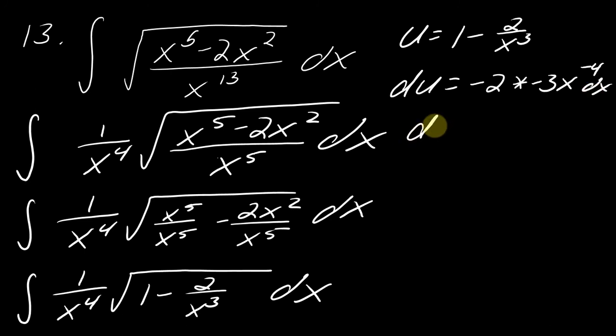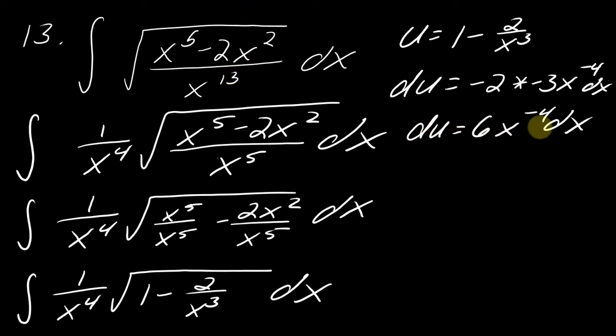So this would simplify then to my du would be 6x to the negative 4th dx. And look at this now. This is literally equivalent to what we have left over in the problem. So it's a very strategic way that you have to break down this particular fraction for this to work.